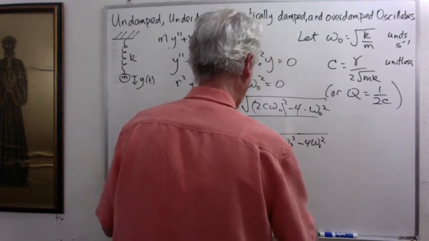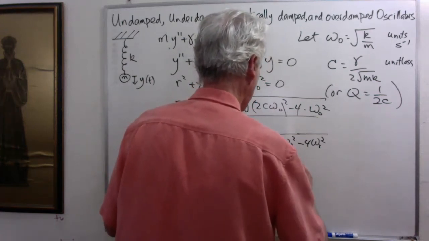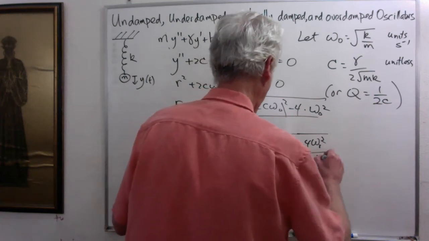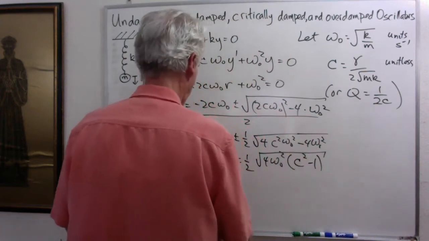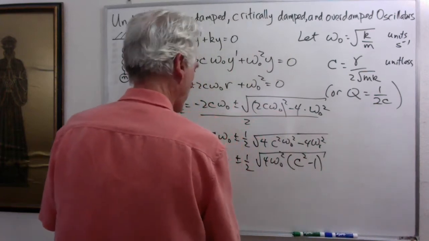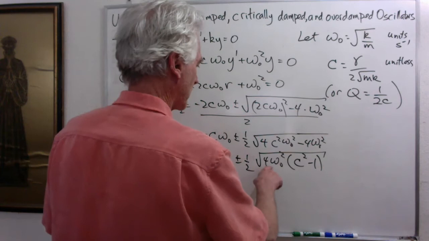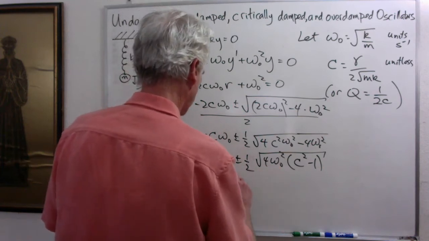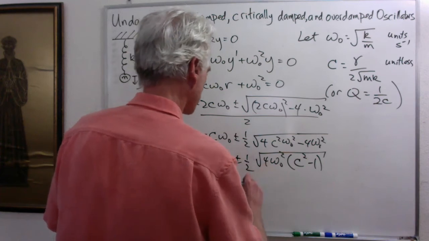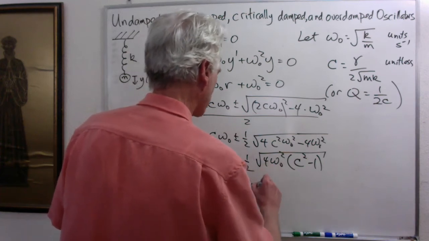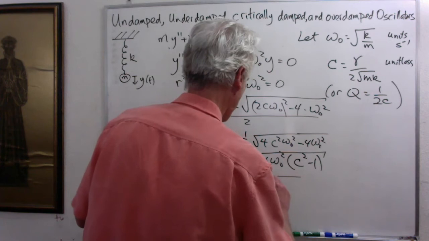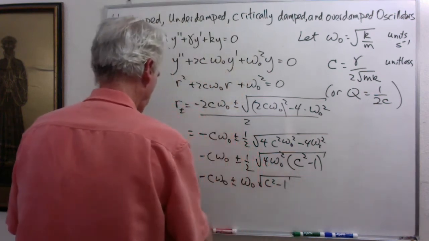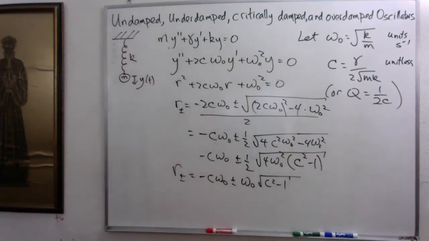Square root of 4 omega naught squared, all times c squared minus 1. And that's going to be a 2 omega naught. So it's minus c omega naught, plus or minus, the 2's cancel, omega naught times the square root of c squared minus 1. This is r plus or minus. Cool.